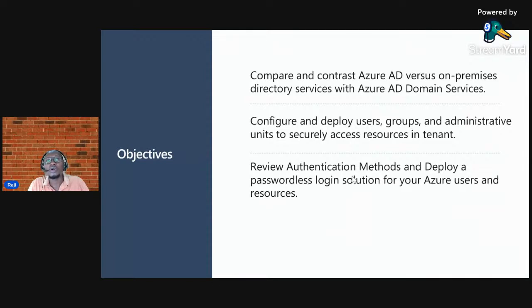Then we'll configure and deploy users and administrative units, and use them to define access within our tenant. We'll review what authentication methods are available and how we can decide which authentication methods users should use.